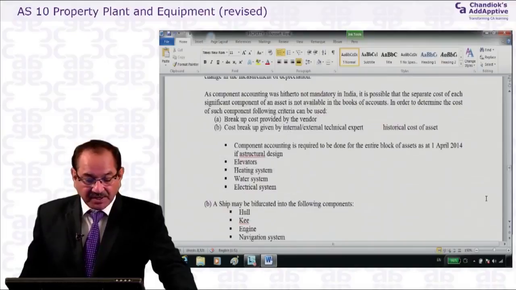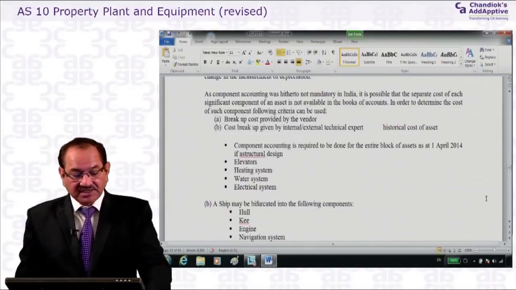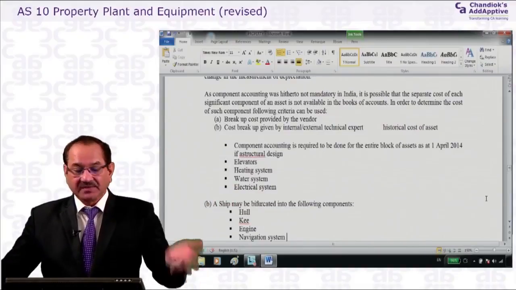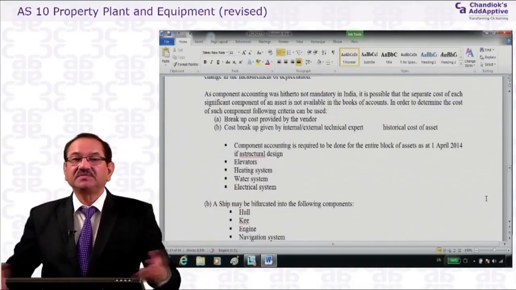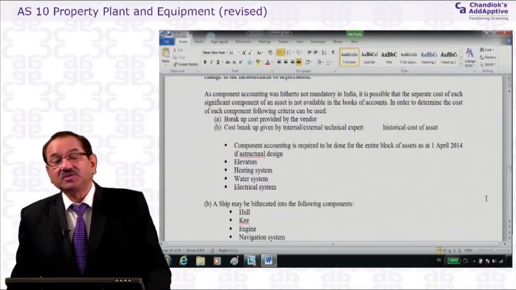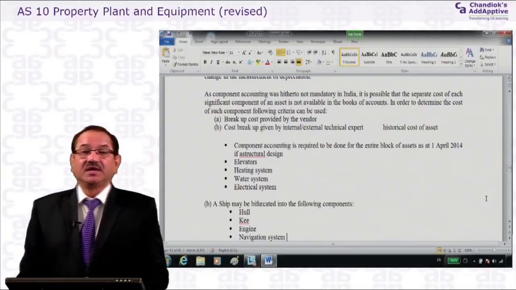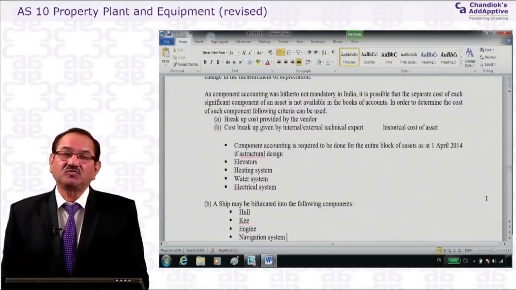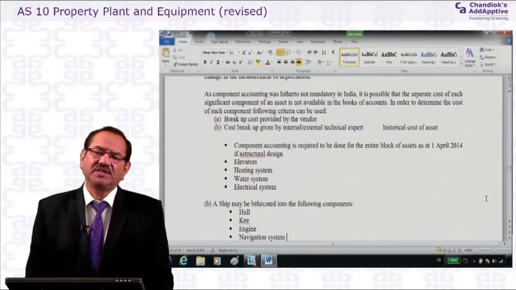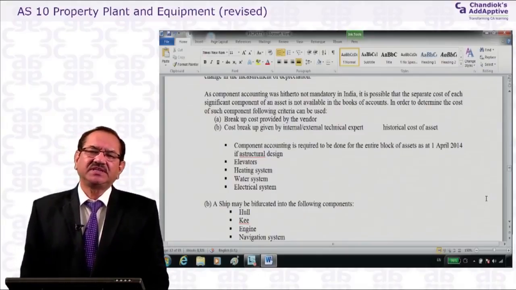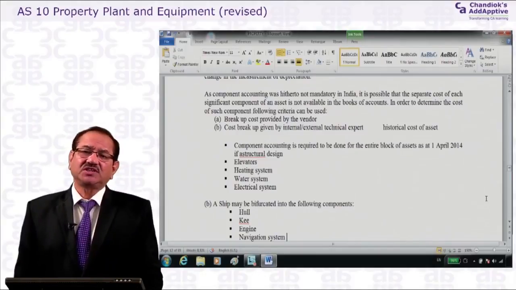So here the example of buildings was given. They say a building has a structural design, lifts, elevators, a heating system, a cooling system, and an electrical system. Suppose a building costs 100 crores. Out of this 100 crore, 20 crores are spent only on the lifts because it's a high-rise building with speed lifts and elevators.